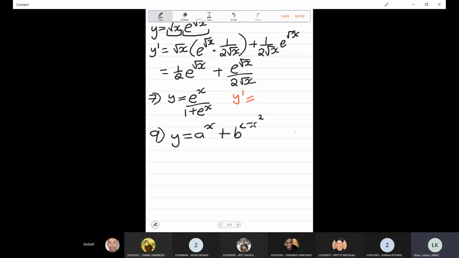So we have y is equal to a to the power of x plus b to the power of c times b to the power of x squared. Okay, and then you differentiate each of them individually. So like I say, this one from your table of derivatives.